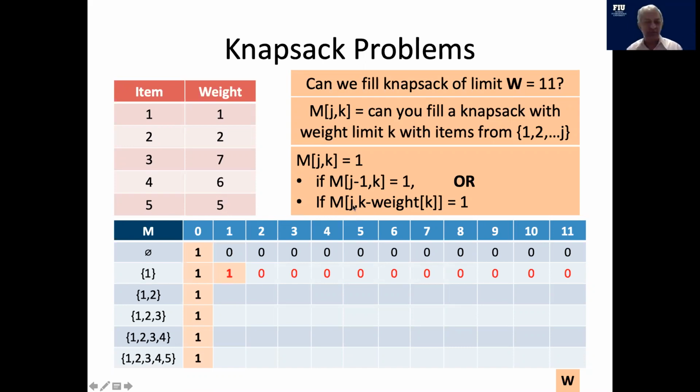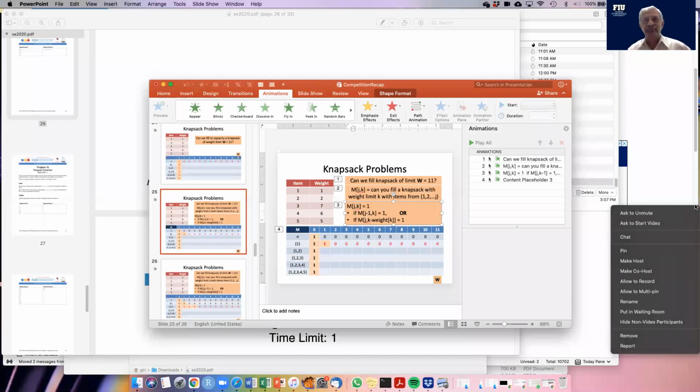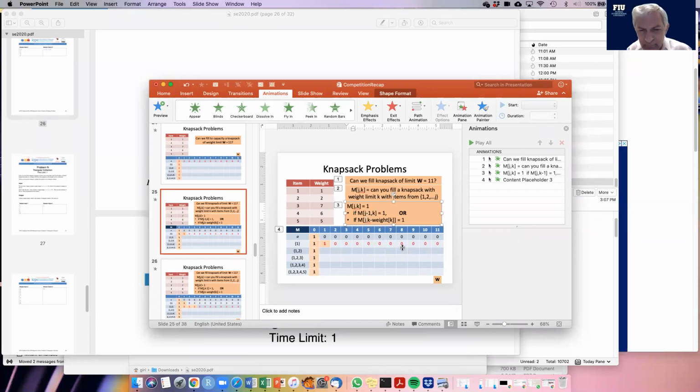So this is a mistake. This should be j minus 1, not j. I apologize. Should have been more careful. Yeah, that should be j minus 1. Okay.